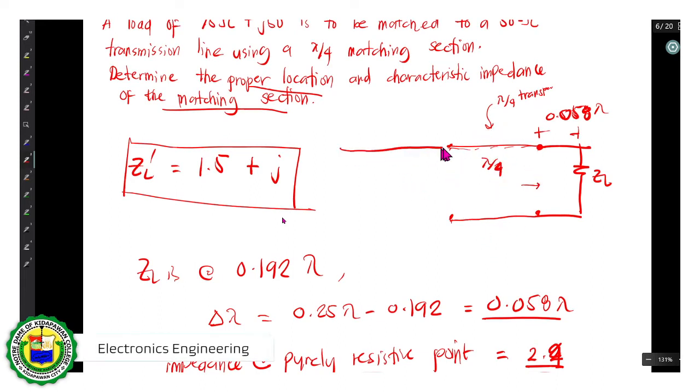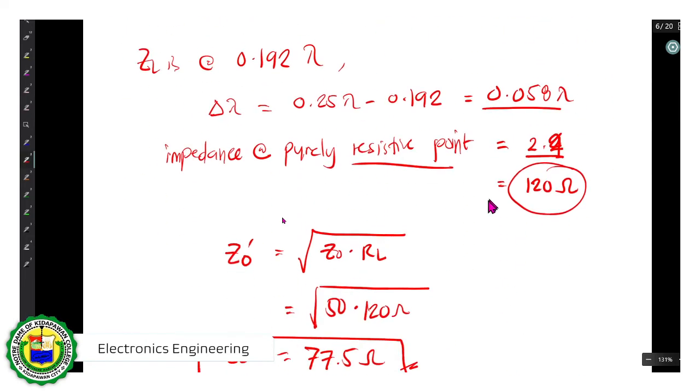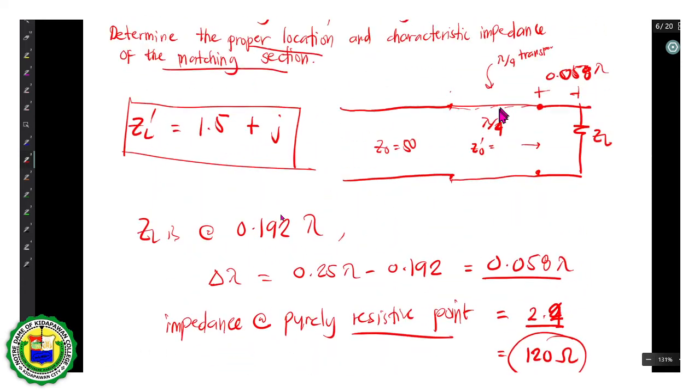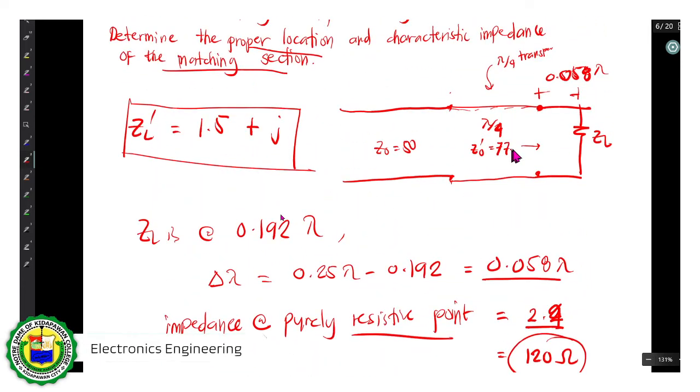Now if we try to draw this one, this is the original line which has a ZO of 50. This is the inserted quarter wave transformer with an impedance of 77.5, and of course extending again the same ZO equal to 50. Because we have inserted this between, then extending to 0.058 wavelengths, then we connect our ZL.